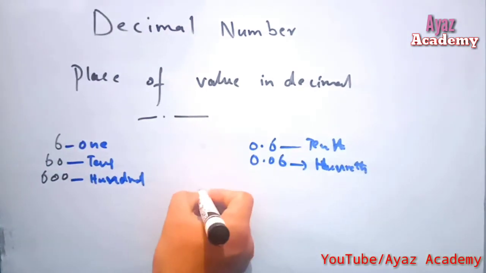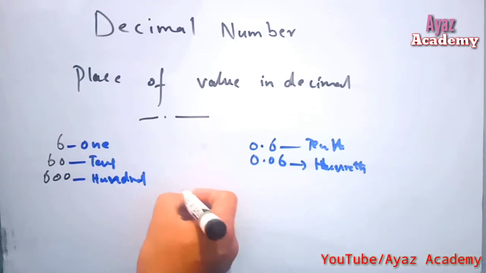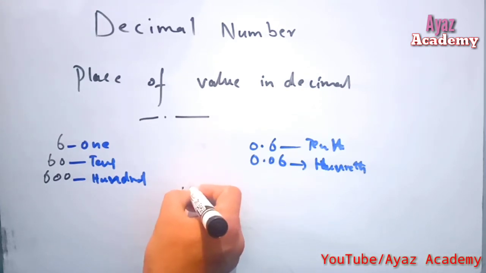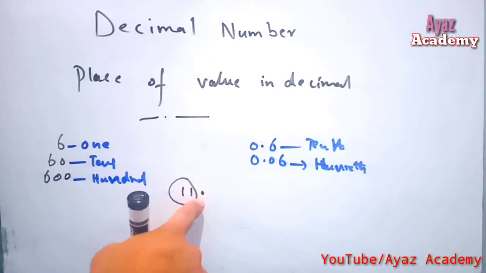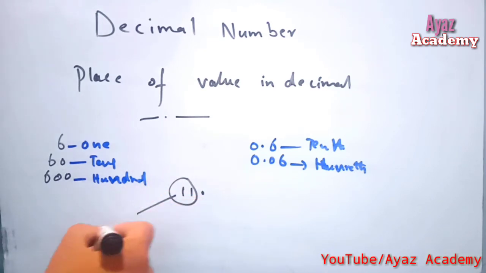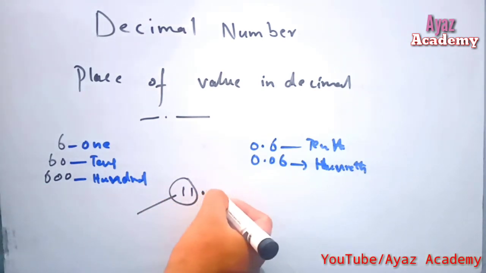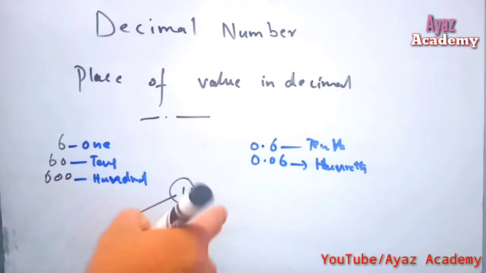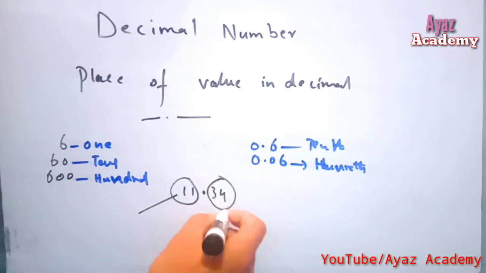From the point, this is the decimal point. Here for example 11. So in a decimal number, from the point to the left, the number is greater than 1. Here is the number whose value is greater than 1, and this value is the fractional part, so this value will be less than 1. Suppose 34, so this value will be less than 1.